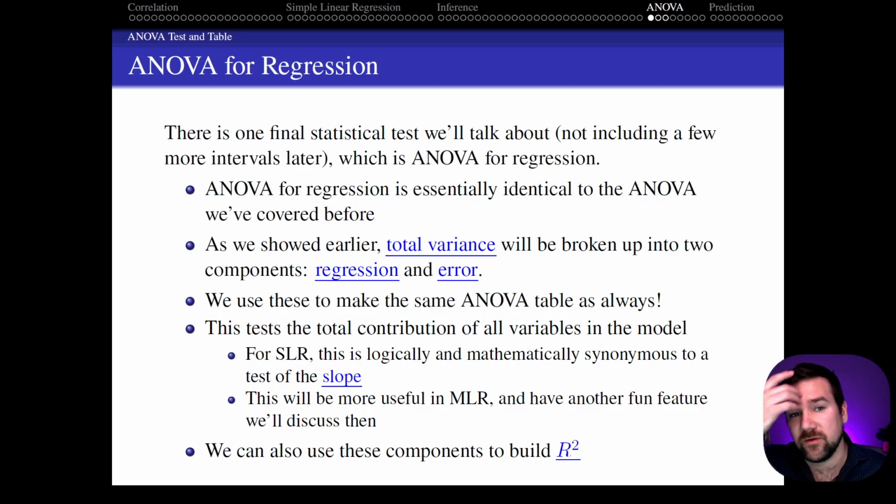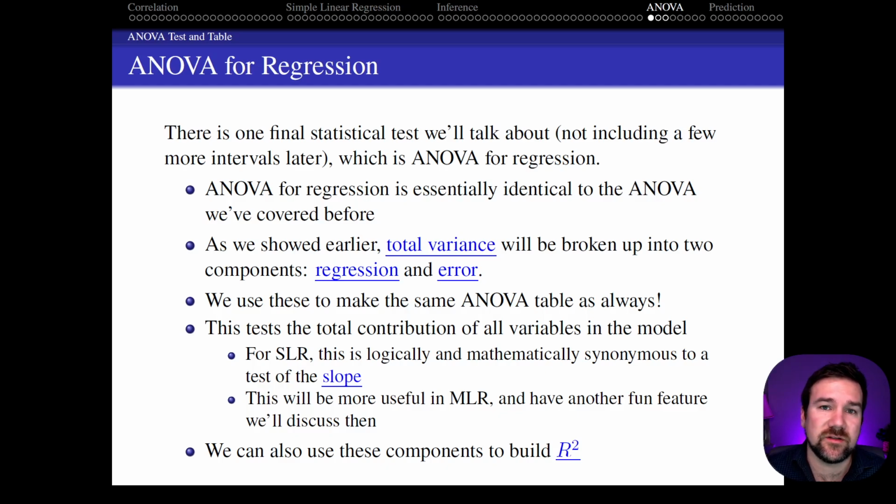It's also worth noting that we can use the components of ANOVA for regression to build the R-squared, or the coefficient of determination, that variance explained value. I personally quite like the ANOVA building of the R-squared statistic, and it's because I find the building of that statistic with the ANOVA components to be much more intuitive in terms of what R-squared is.